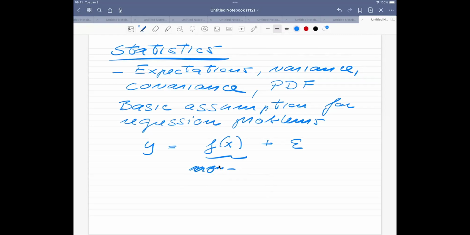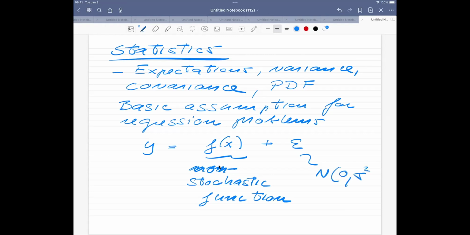I should write it correctly, non-stochastic. Whereas epsilon is a normally distributed noise with a zero mean and a variance of sigma squared. So that's a basic assumption about the data.